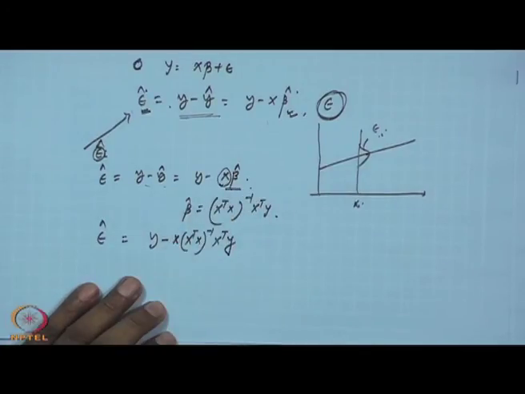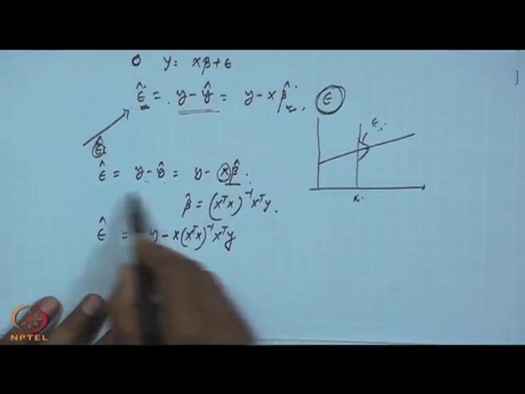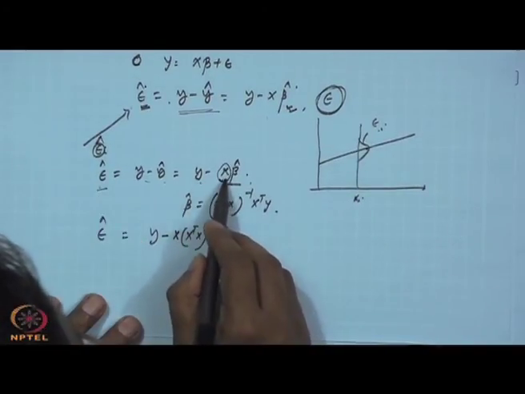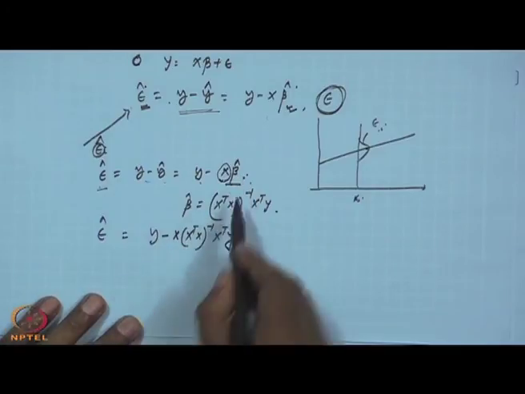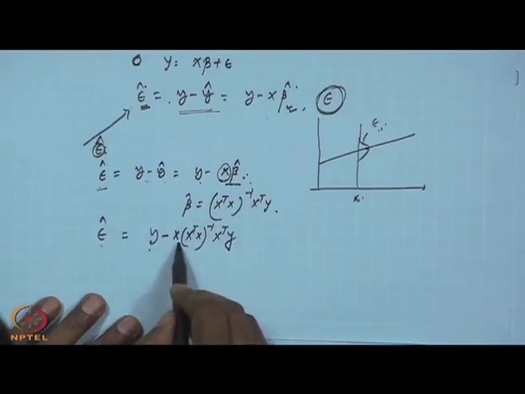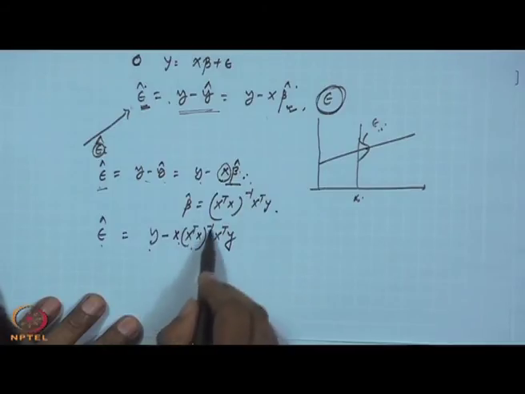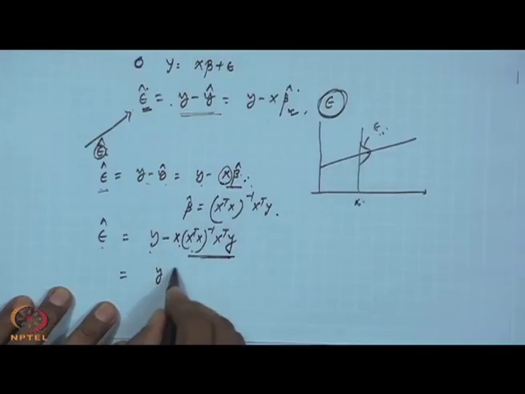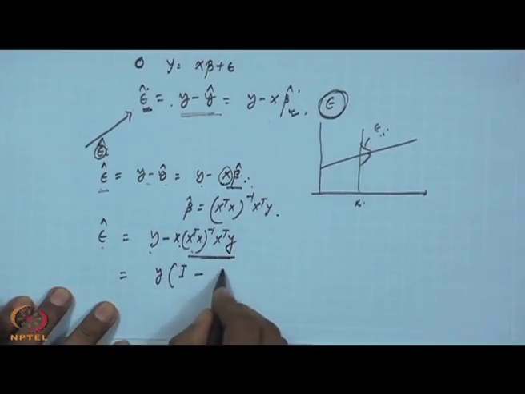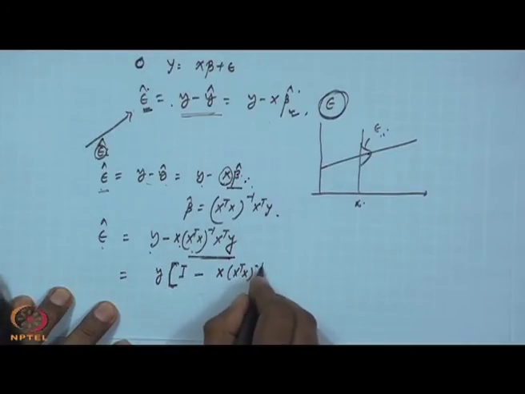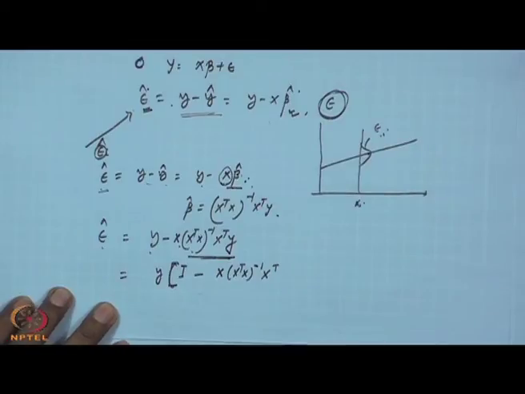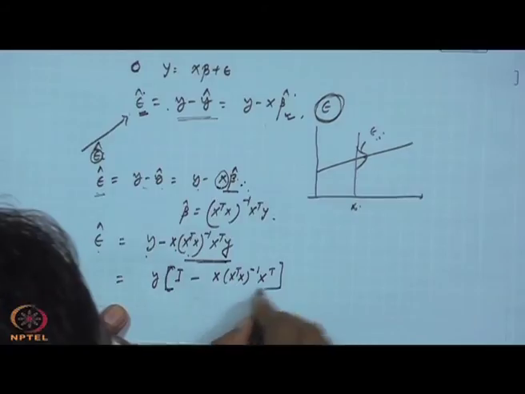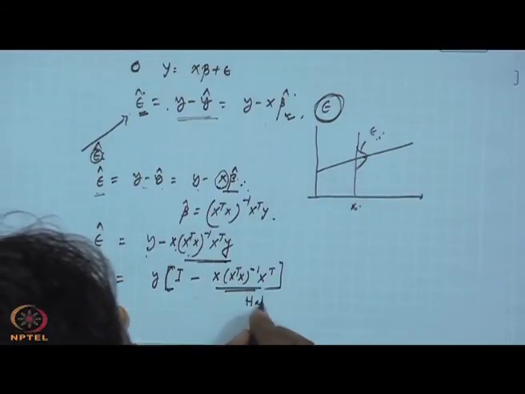So, you write x here. So, epsilon cap equals y minus x beta cap, and x beta cap is x transpose x inverse this. Now I can write this like this: I minus x transpose x inverse x transpose, correct. This matrix is known as the hat matrix.